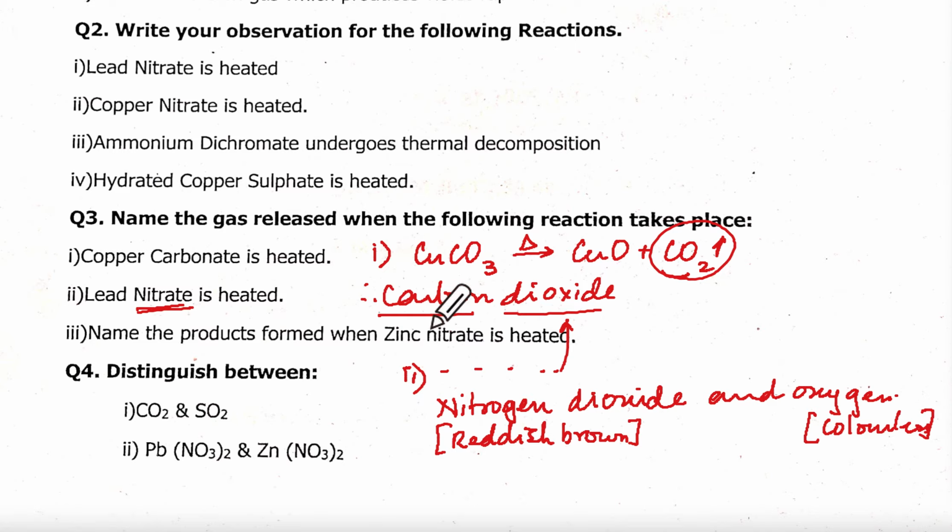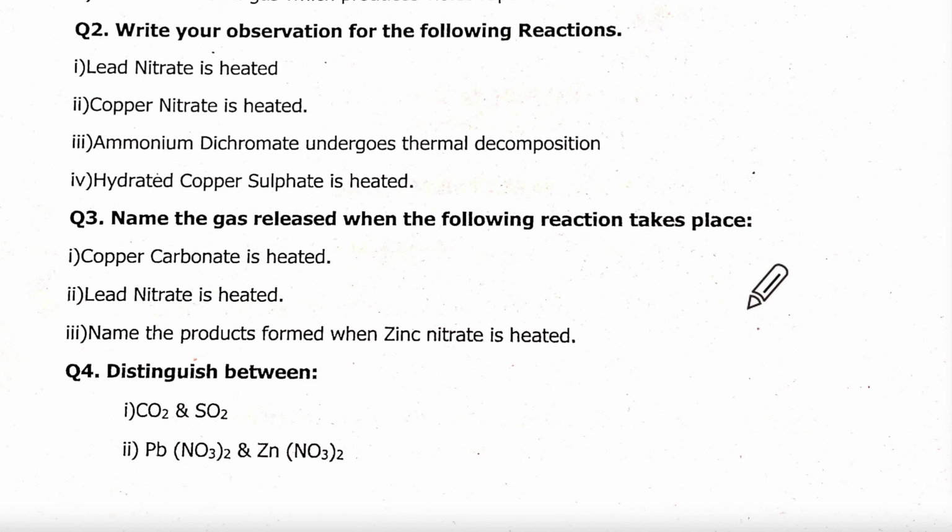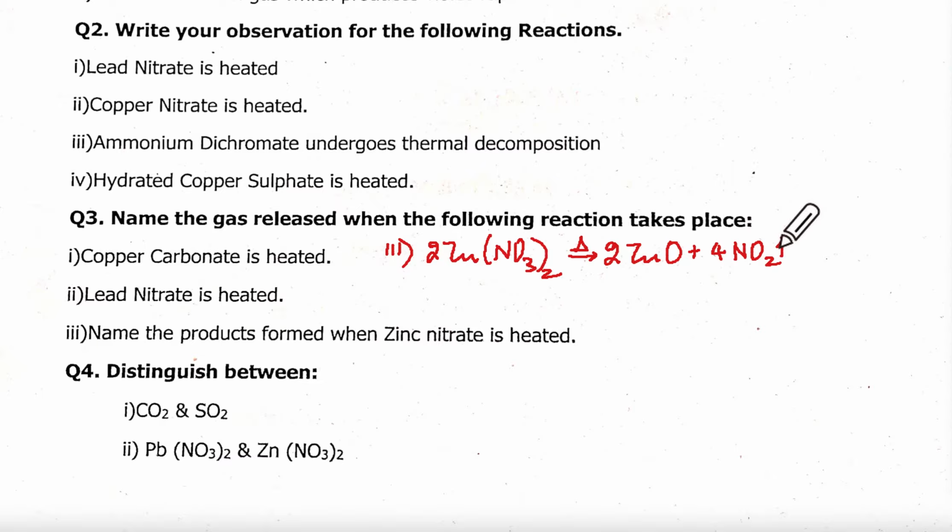Alright, name the product formed when zinc nitrate is heated. Now remember the reaction. Look at the earlier reaction. 2Zn(NO3)2 on heating gives 2ZnO plus 4NO2 plus O2 up arrow. Very good. Now they are asking for the products.